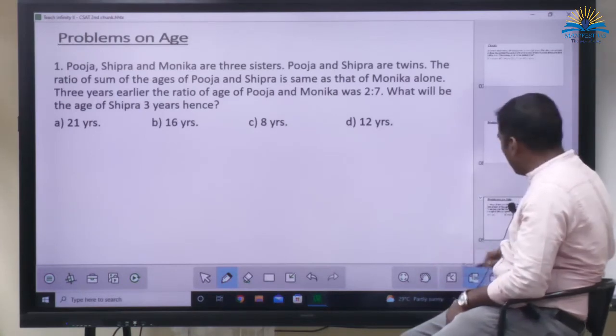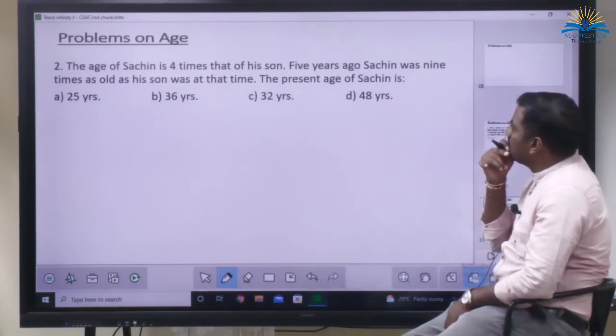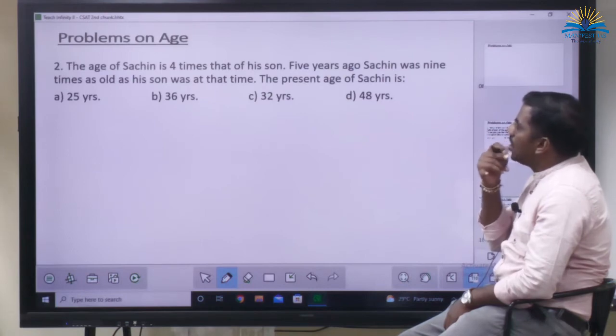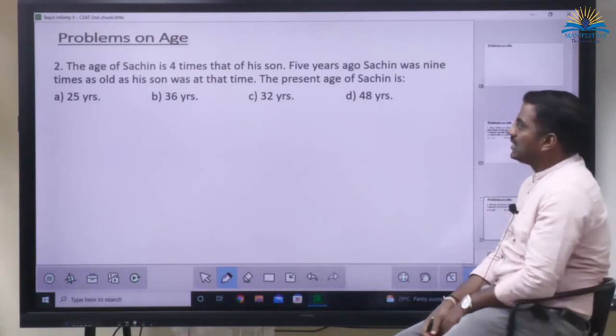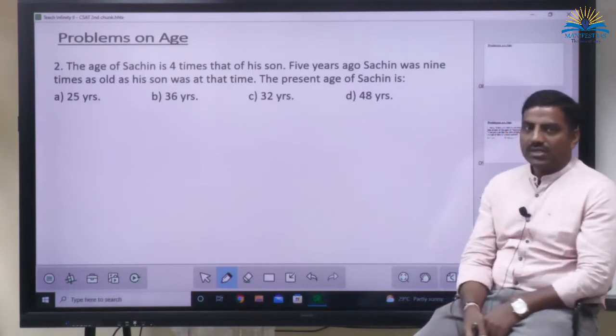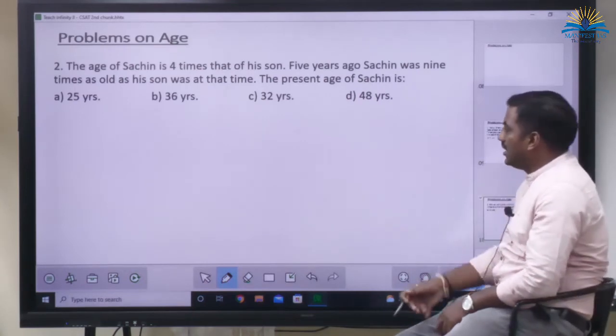We'll go to some simple problem and come to this one. The age of Sachin is 4 times that of his son. Sachin is the father here and the son is there.